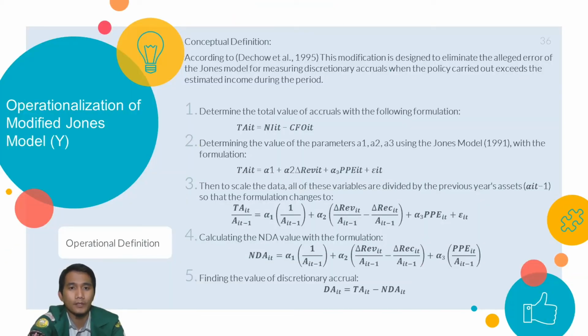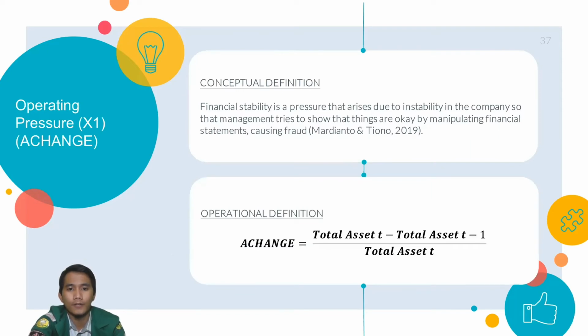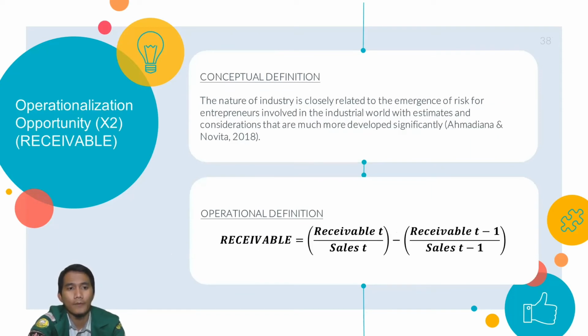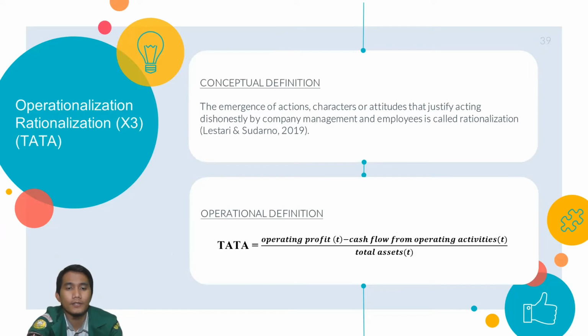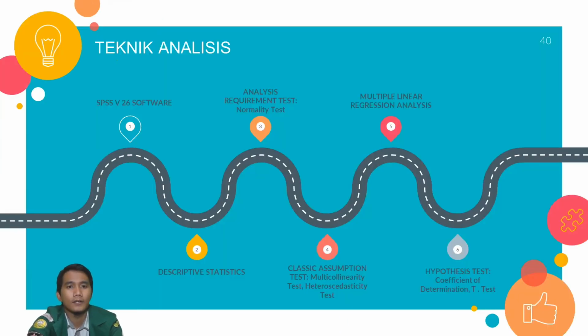Operational variables: operational definitions for pressure, opportunity, and rationalization, each with conceptual and operational definitions. The analysis technique uses SPSS version 26: descriptive statistics, normality test, classic assumption test, multiple linear regression analysis, and hypothesis test.